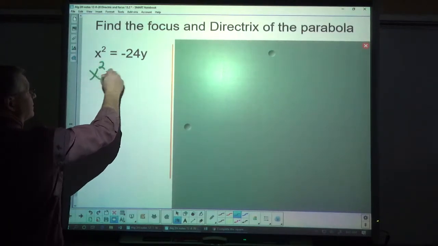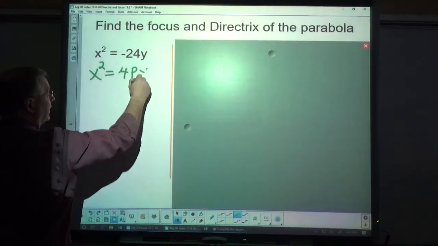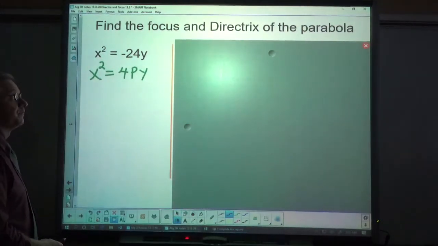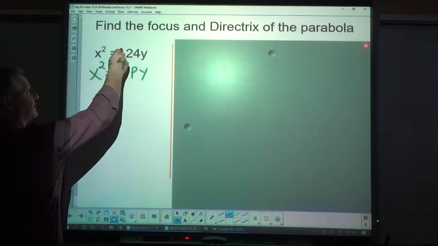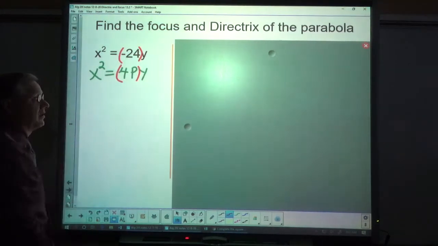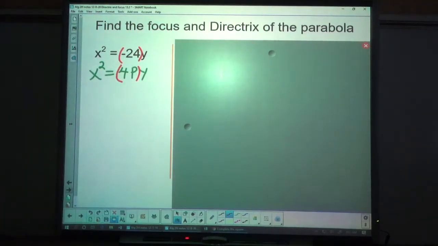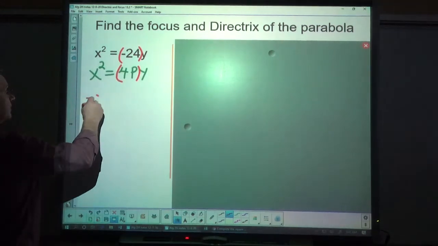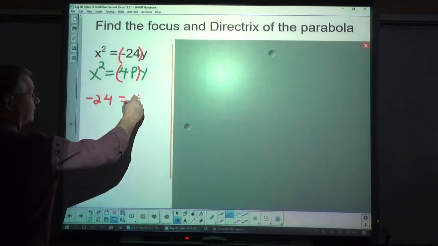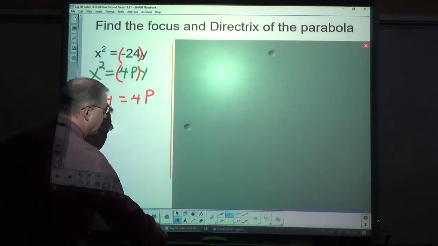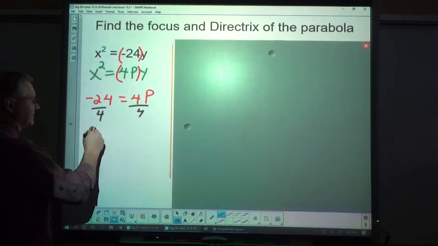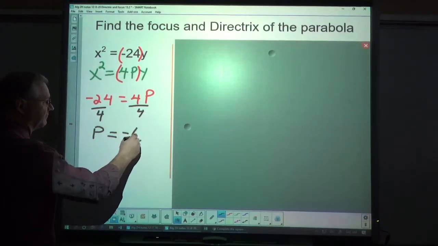Now, if I look at these two, they're identical except for this part. So I'm going to set those two things equal to each other so I can find p. If I divide by 4, p would equal negative 6.